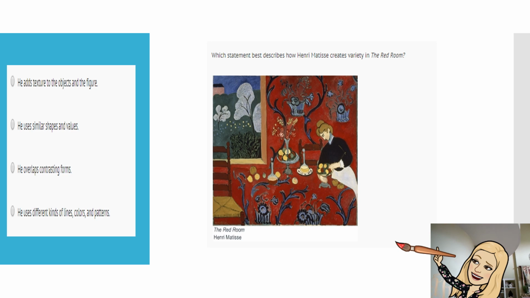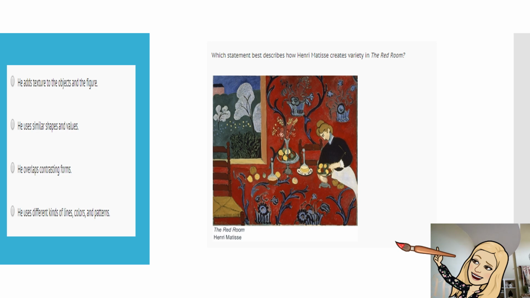Okay, so if we are going through all of these, let's actually look at the painting. What do you see in this painting? I definitely see some vertical lines, some horizontal lines. I definitely see lots of pattern back here in the wallpaper.